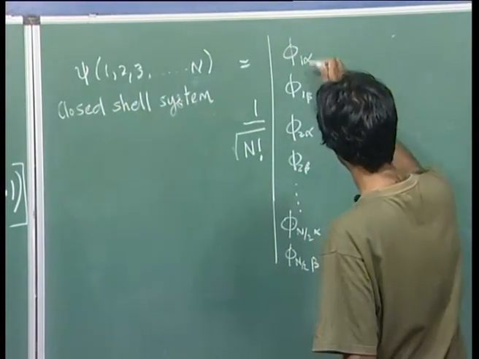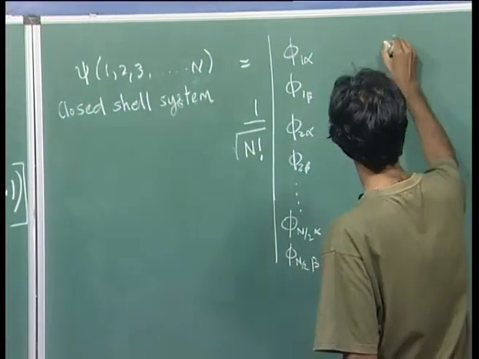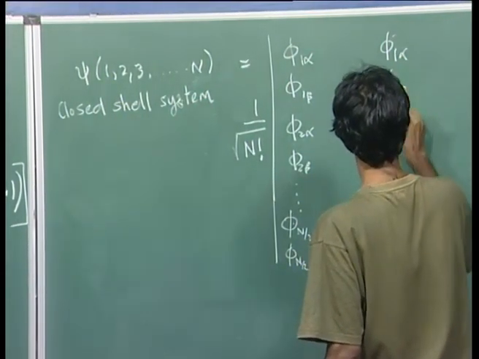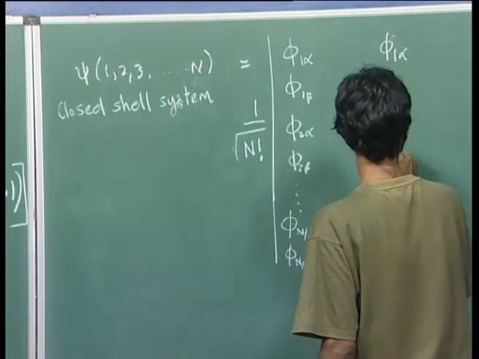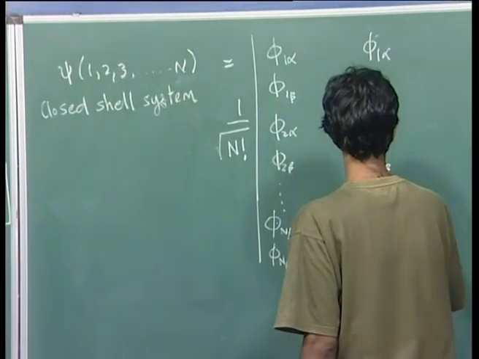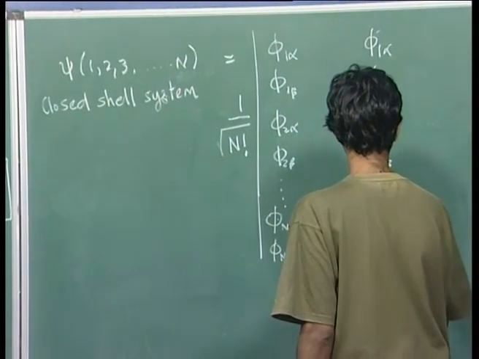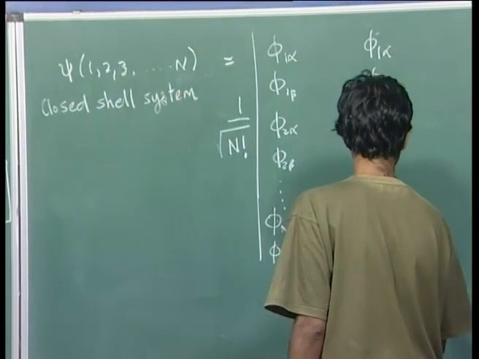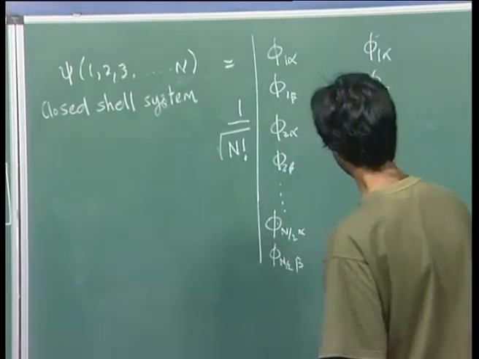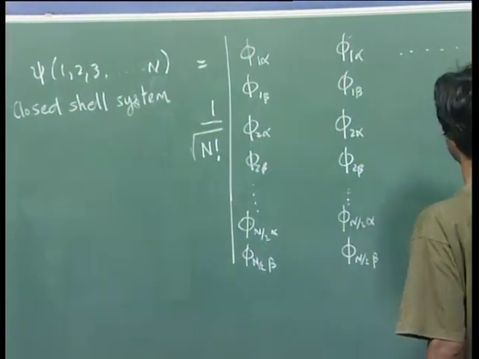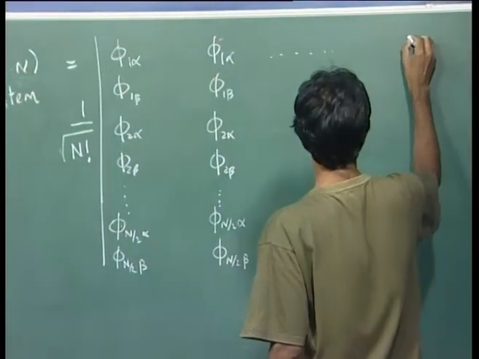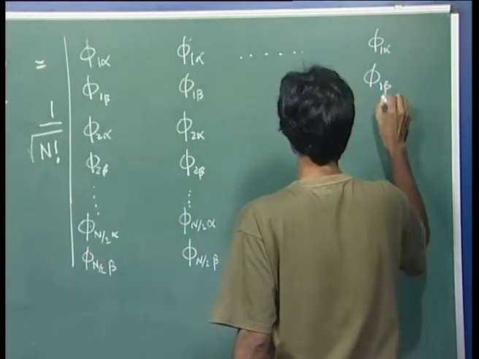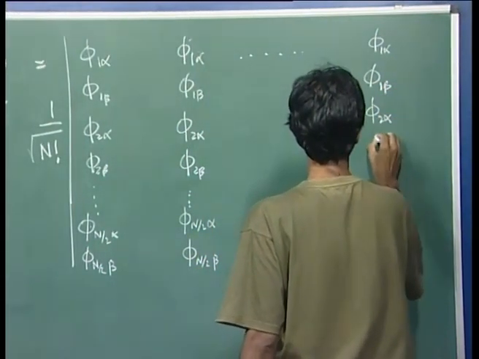You write all the orbitals in this way, and similarly you will write the same orbitals across the columns, all the way up to n times.